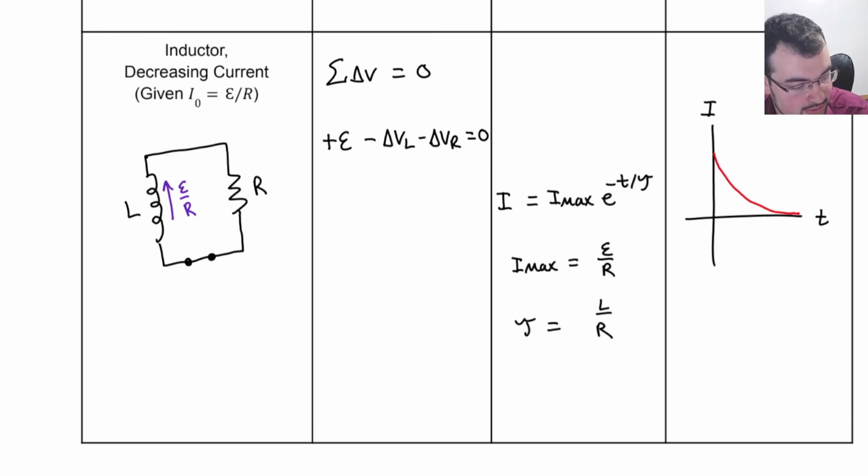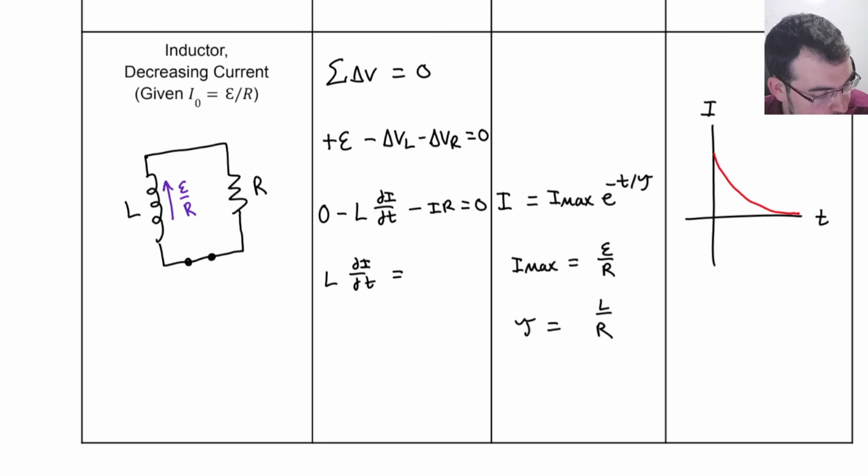Now, what is the voltage drop across the inductor? Well, we're left with 0 battery minus L dI/dt minus IR equals 0. Or you'd get L dI/dt equals negative IR.